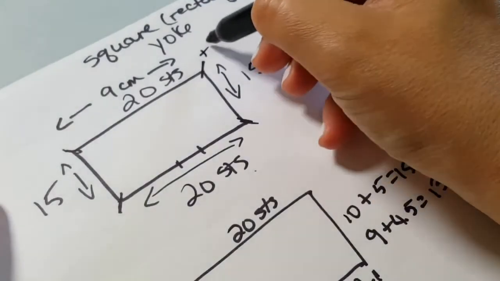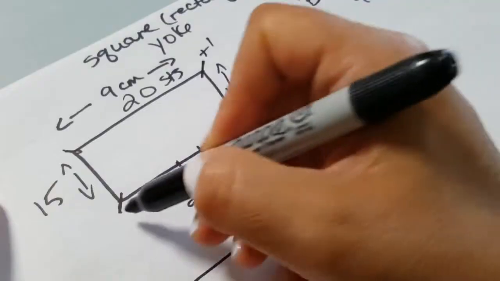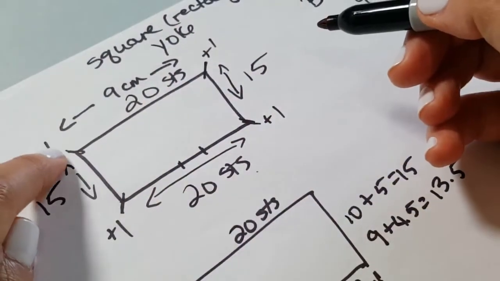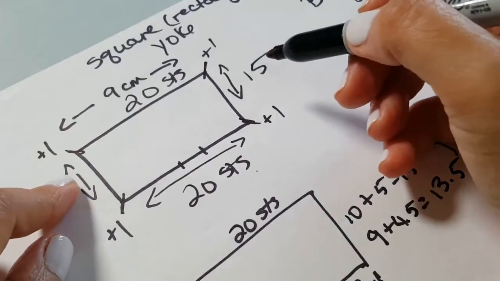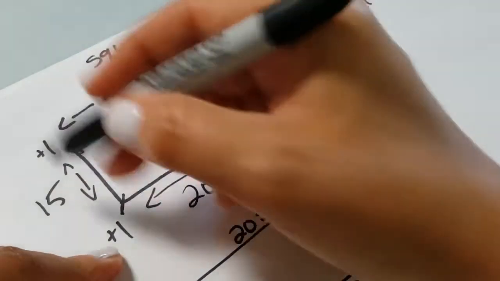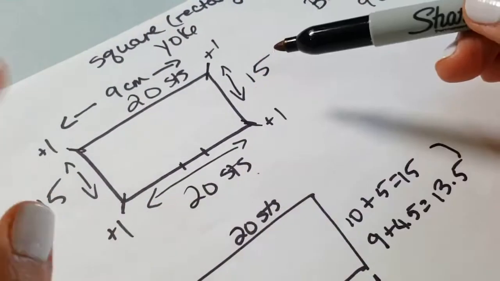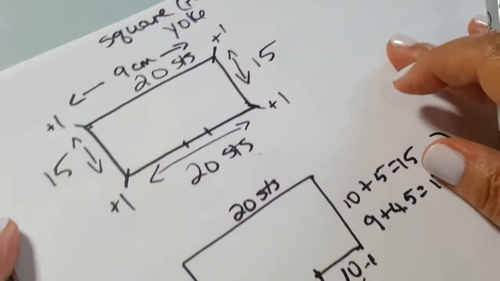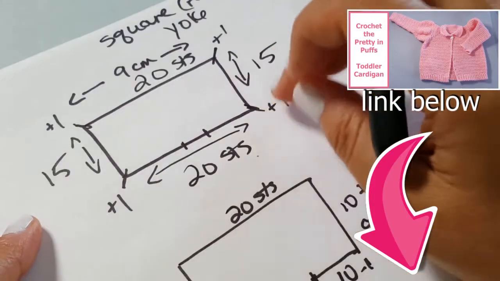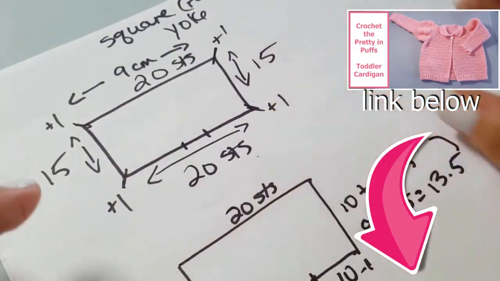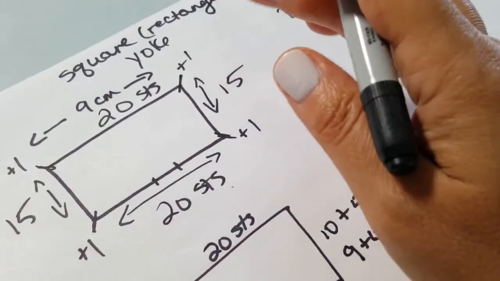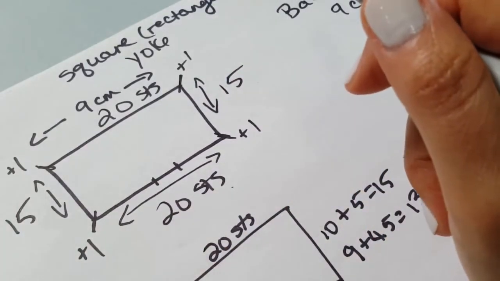So that means you've got to add an additional stitch in each corner in order to have a spot to create those increases. So that's going to give us an additional 4 stitches. Now, those of you that created my Pretty and Puffs cardigan that I did for a toddler, I used a similar formula, so you may already be familiar with this. And that, again, was more of that square or rectangular shape.